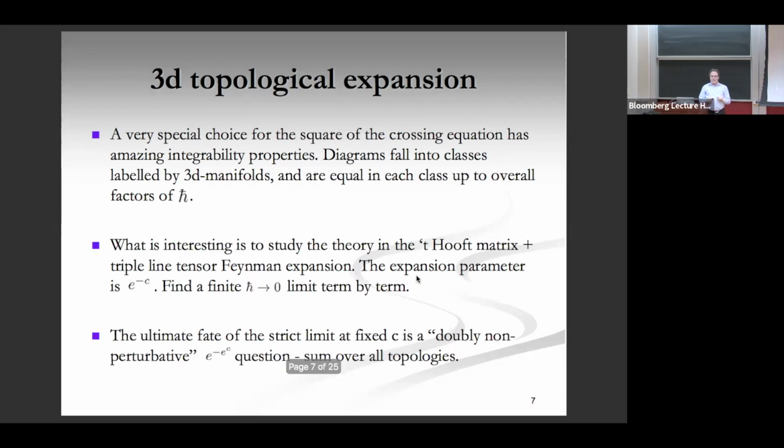Can you remind me again why the topological expansion parameter is e to the minus c in the matrix model? Right. Well, that's just because the spectral density, the Cardy density, goes like e to the c. So the Cardy formula has e to the square root of c times the square root of the weight, but the weights start at c.